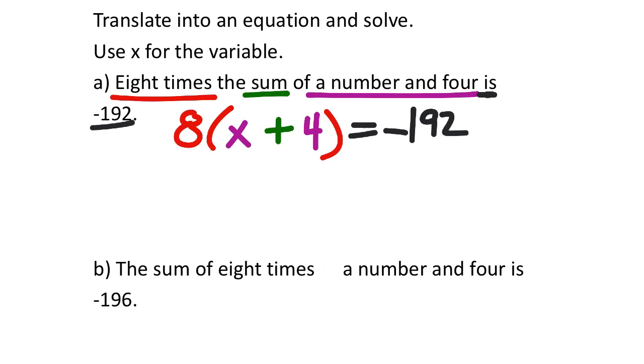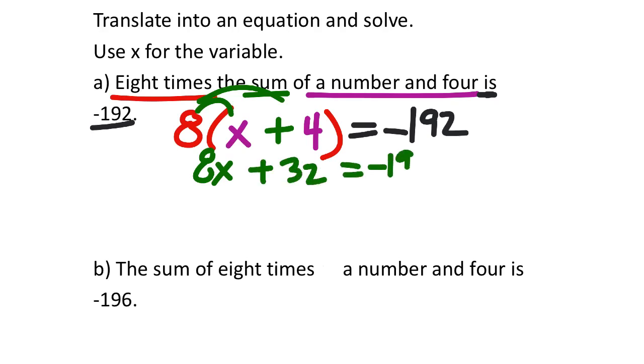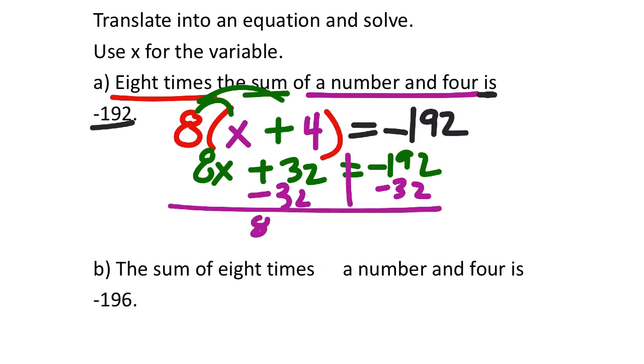So now we'll distribute the 8. We're going to solve this, right? So we got 8x plus 4 times 8 is 32, equals negative 192. Let's zero out that 32, so we'll subtract 32 from both sides. 8x equals negative 224.